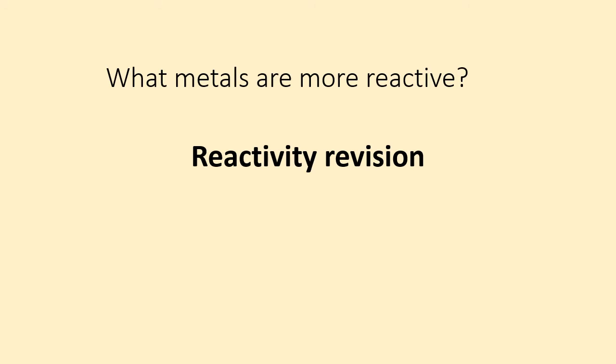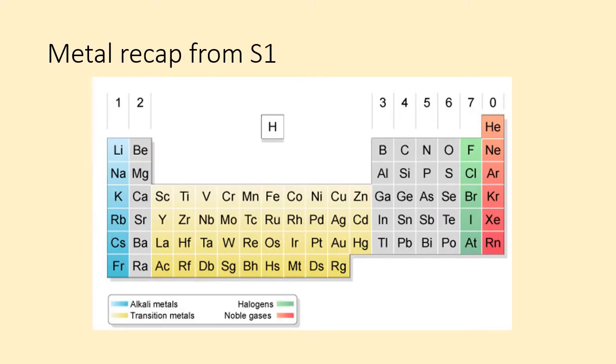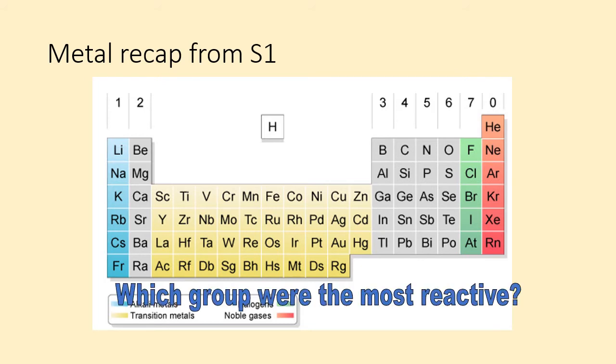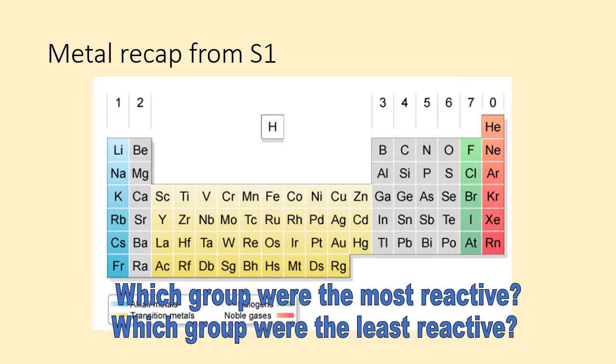Now, what metals are more reactive? Well, remember when we looked at our periodic table in S1, we had lots of different groups. The group that was the most reactive in terms of metals and the group that was the least reactive. Can you remember? Well, the most reactive metals were group 1, called the alkali metals.